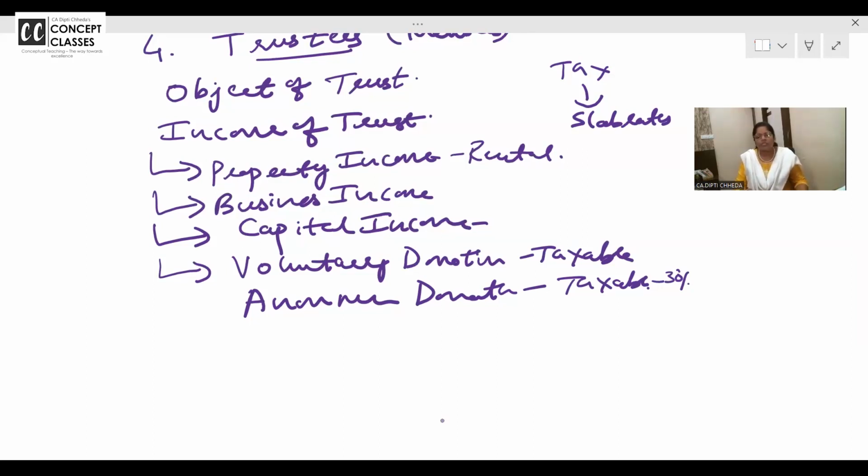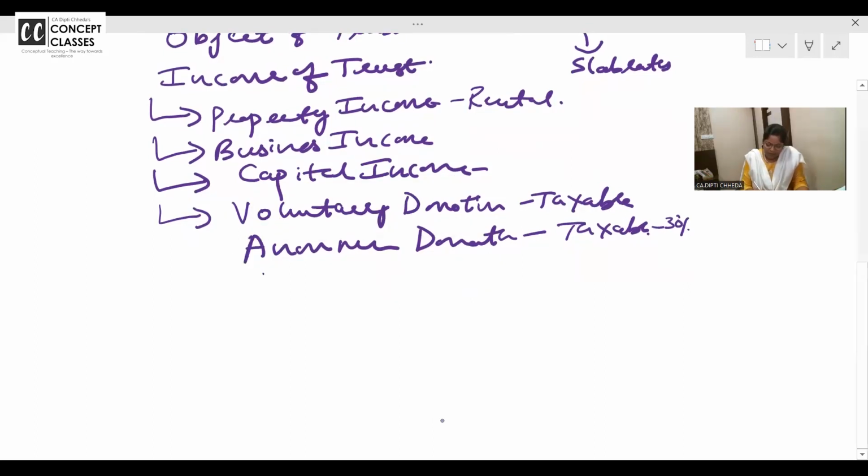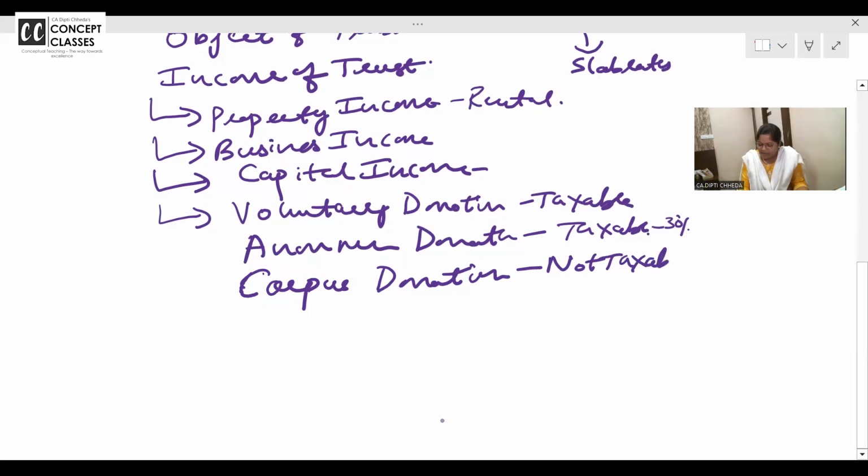Voluntary donations. Do trusts receive donations? Yes. You donate in TTD and that is like voluntary donations, anonymous donations. The third kind of donations, very important, with a lot of amendments in this, is called corpus donations, not taxable. Now, what do you mean by corpus donations?